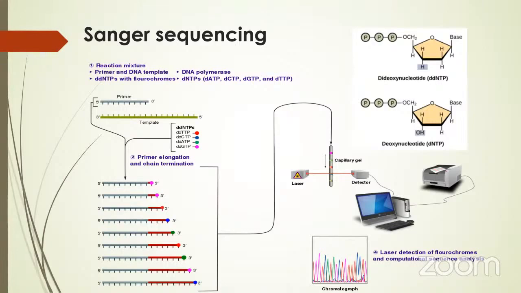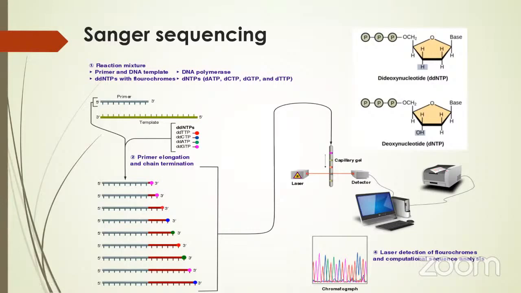So what Sanger did: Sanger used different labeled ddNTPs, for example ddTTP, ddCTP, ddATP, ddGTP. All the dideoxy NTPs were used with a fluorescent label. So what are the steps?